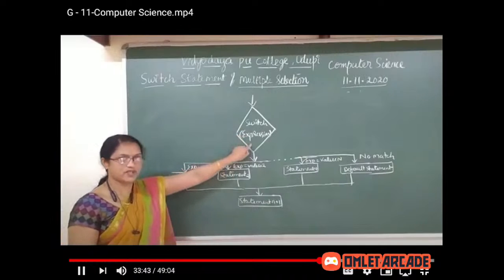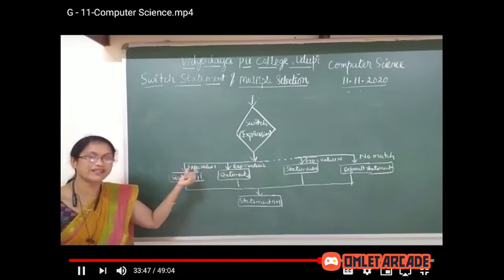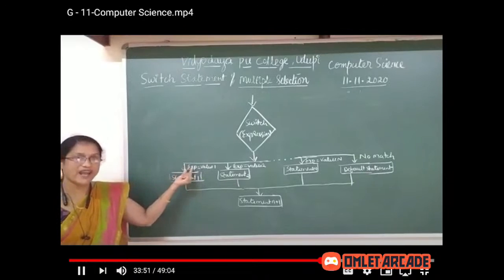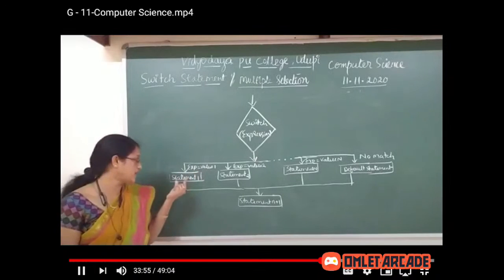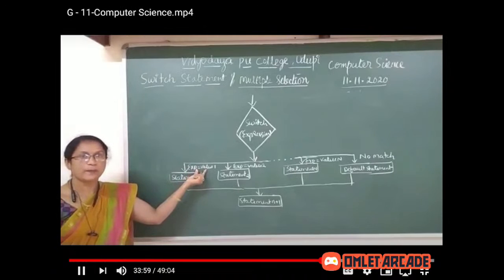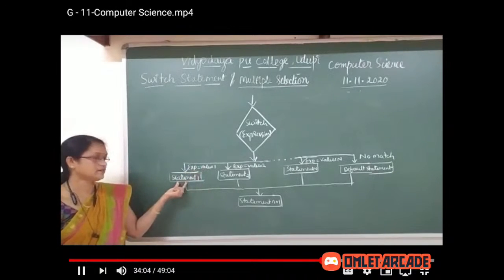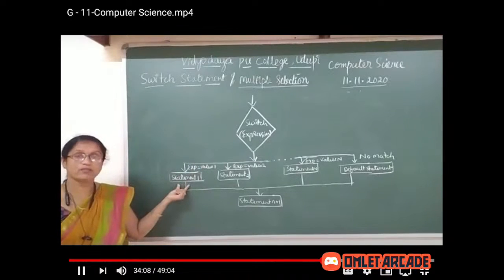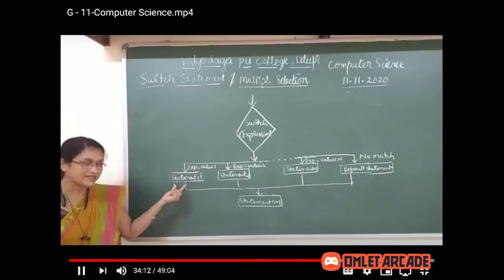See here, switch expression. It compares or tests the value of the variable or expression with the list of values mentioned in the case labels. If a match is found, then the corresponding block of statements is executed, that is, statement 1 is executed.